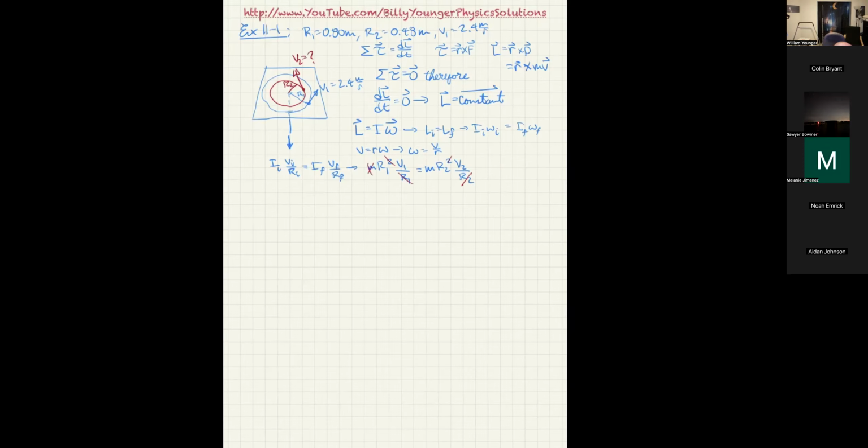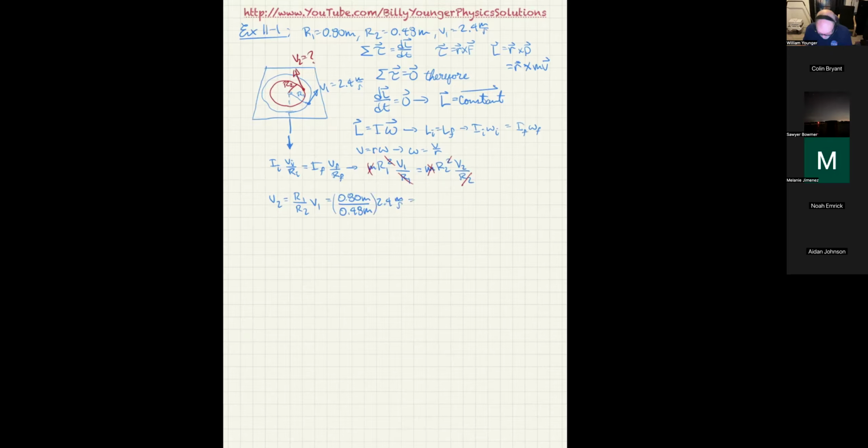And this mass m cancels out on both sides. So we can finally get that v2 is equal to r1 over r2 times v1, and that is equal to 0.80 meters divided by 0.48 meters times 2.4 meters per second.